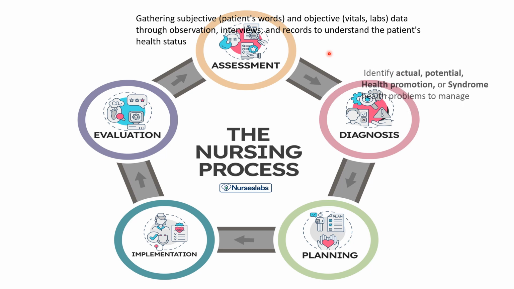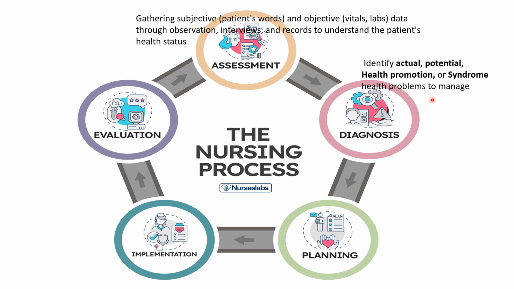After assessment, you do the diagnosis. Before doing the diagnosis, you are supposed to identify actual, potential, and health promotion or syndrome health problems to be managed. These diagnoses are made in either 1, 2, or 3-part statements.